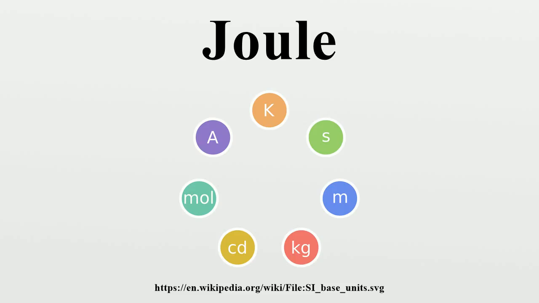Units defined exactly in terms of the joule include 1 thermochemical calorie equals 4.184 J.